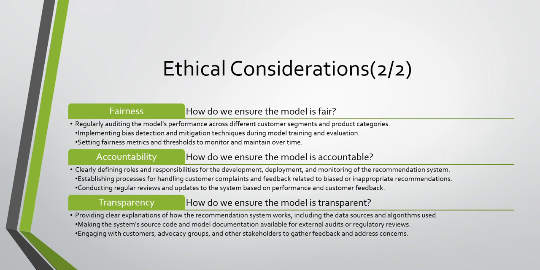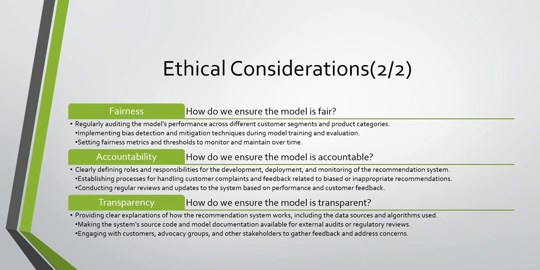As the last step and as an ongoing process, the company running this online portal should engage with customers and advocacy groups to gather feedback, make the recommendation system's logic open, and be open to feedback and address the concerns.